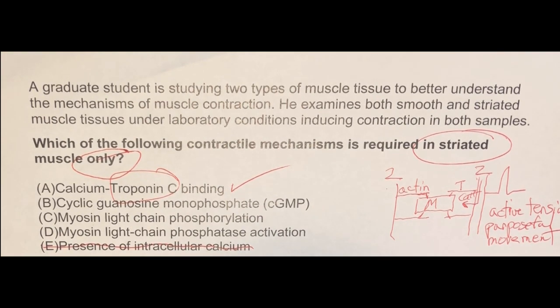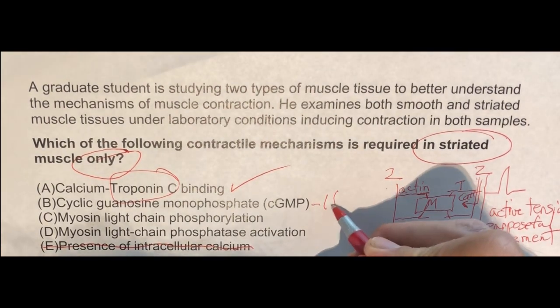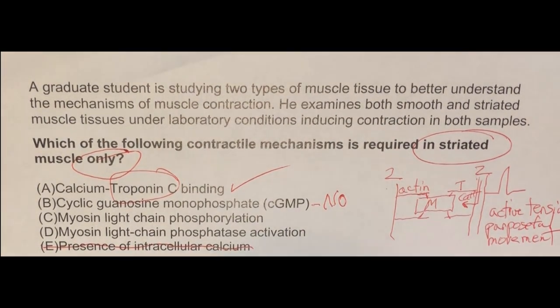Cyclic GMP is an intracellular signaler, most important in smooth muscle, not striated muscle. We know that nitric oxide, NO, is associated with this mechanism where nitric oxide causes smooth muscle to relax, and in the blood vessels, it produces what we call vasodilation to increase blood flow.